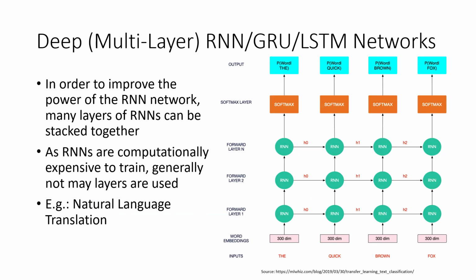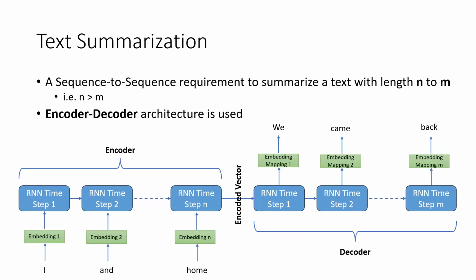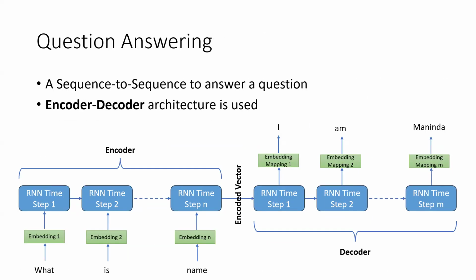This is one of the ways we can improve the architectures that we explained earlier, like text classification, summarization, natural language translation and question answering. In all of these cases, we have used single-layer recurrent neural networks. I am reminding you again that here we are referring to RNN for all the GRUs and LSTMs as well.